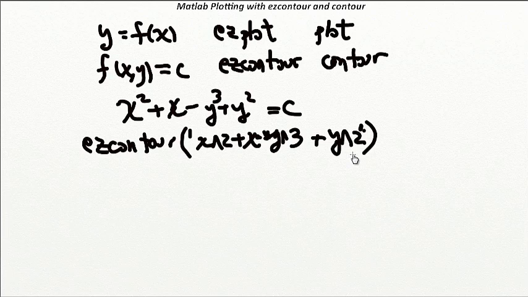That'll do it. MATLAB has a default setting where it chooses the rectangle over which to plot the level curves, and that rectangle is given by the one with endpoints minus 2 pi and 2 pi. So it's this rectangle.